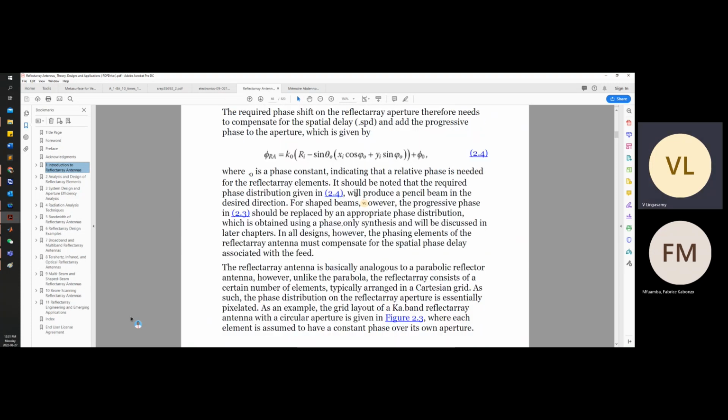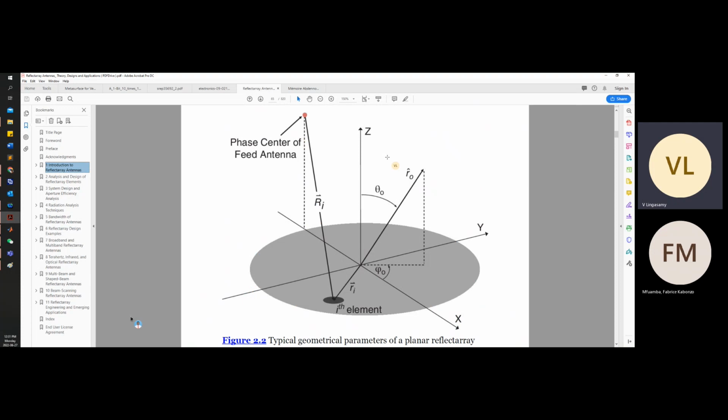Next, you can see here sine theta cos phi, sine theta sine phi naught. Why are they giving sine phi naught? Let me tell you why. If you are placing the feed on the z-axis itself, there is no offset in the feed. It's a center fed, which means phi naught will become 0. And if you are also expecting the beam towards the broadside, then phi naught will become 0.